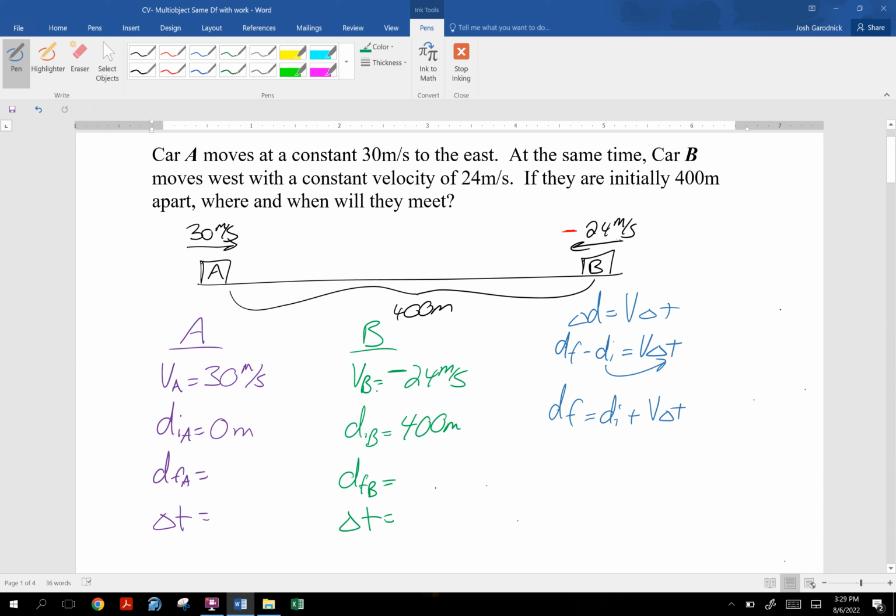All right. At the moment, it can seem like we don't have a lot of information, and we don't. We're missing 2 variables for each, and there's 4 variables, so there's no way we can solve for anything directly. However, we do know that the final position of A is equal to the final position of B, because it says where and when will they meet.